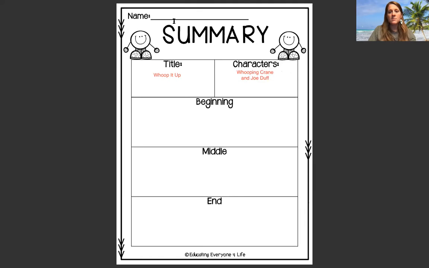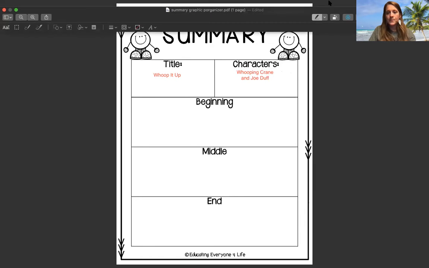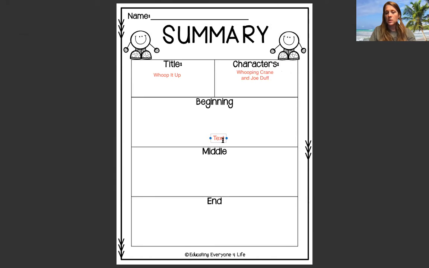Okay, what happens at the beginning of the story? Well, again, this is more an informational text, but we can still tell what's happening at the beginning, middle, and end. So at the beginning, it just tells us that there is a scientist who works for the migration company, and they help to train these whooping cranes to fly down to Florida. So they actually dress up.